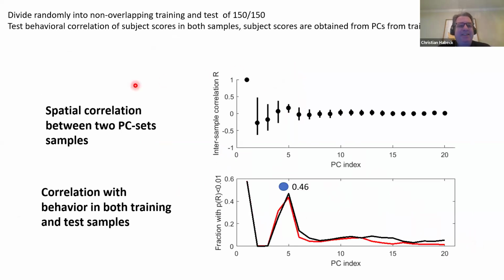First of all, let's think about inferentially what happens. How robust are these results? Let's take these data and divide them randomly into 150 training data sets and 150 test data sets, and now we do PCA in each and just see how well those principal components are topographically related to one another.